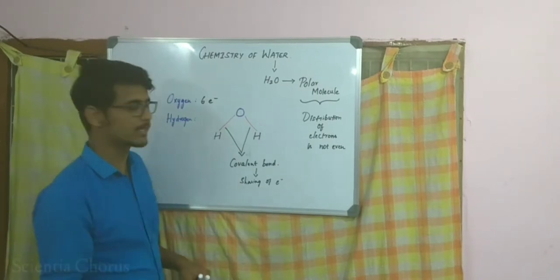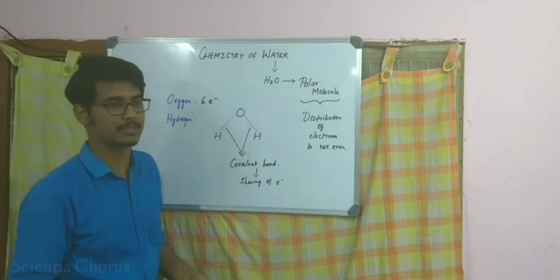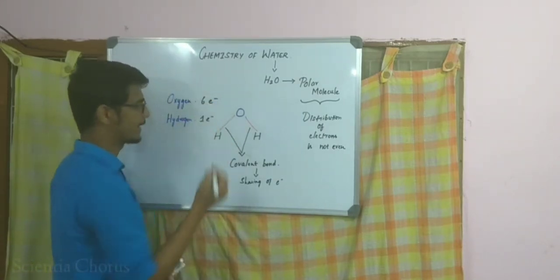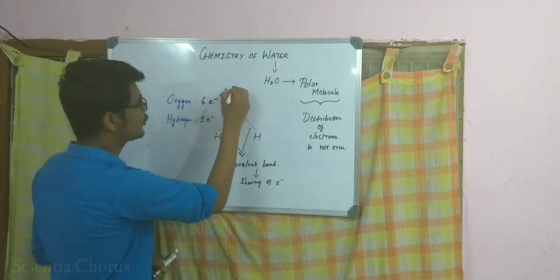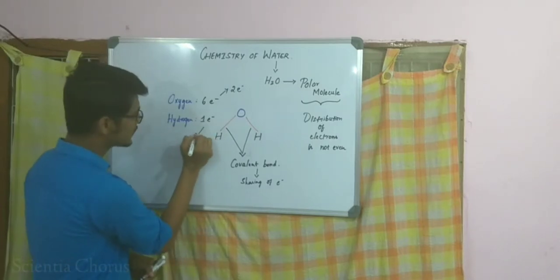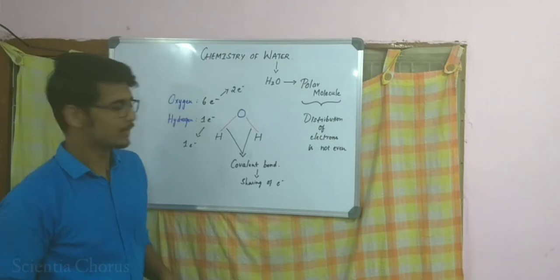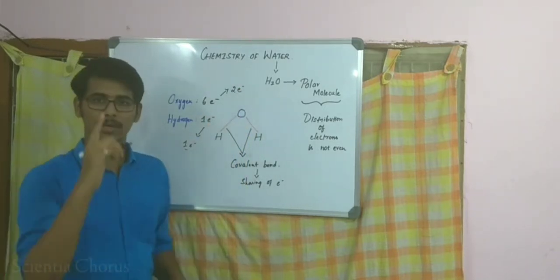What do we call them? They are the valence electrons. And in the case of hydrogen, there is only 1 electron. So oxygen needs 2 more electrons for stability and hydrogen needs 1 more electron for stability.